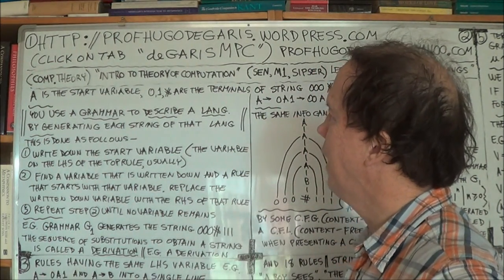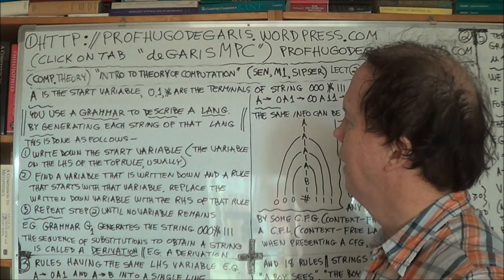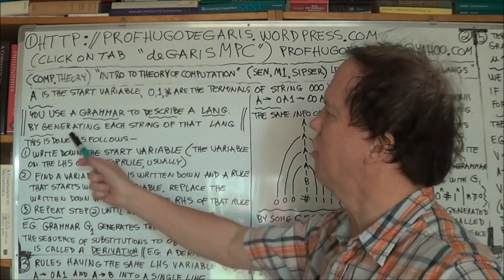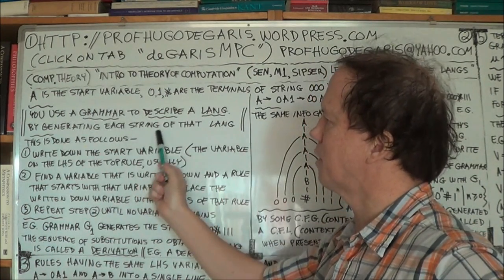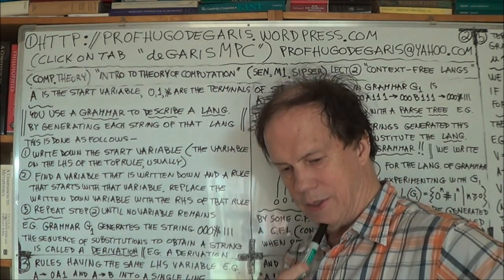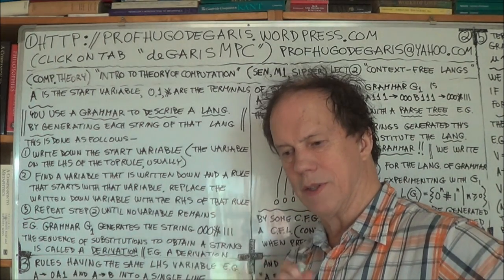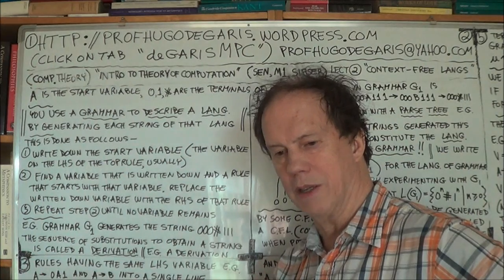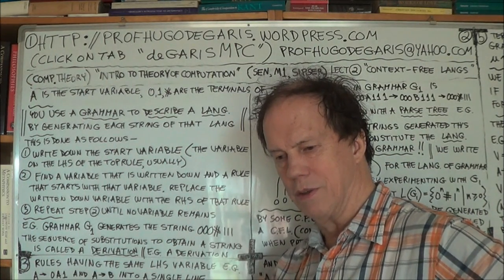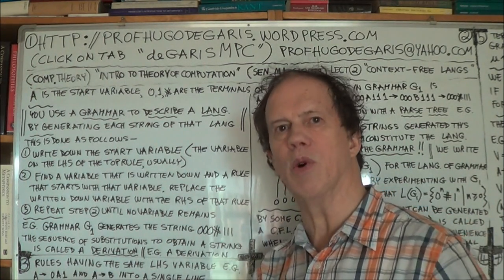Okay. Now, how do you go about generating a string? And remember what a string is in this sense. It's just a sequence of symbols that are terminals. They can't be substituted or expanded or rewritten anymore.